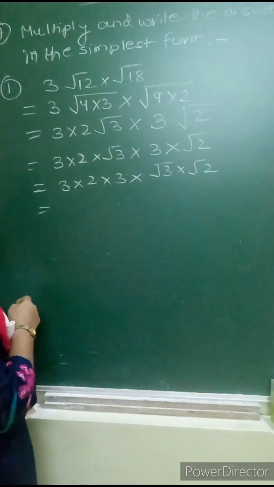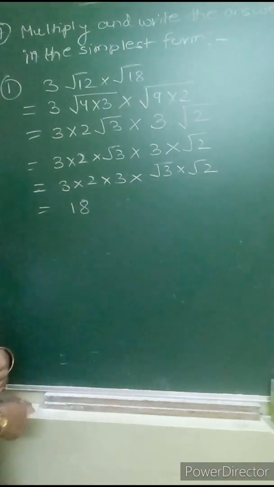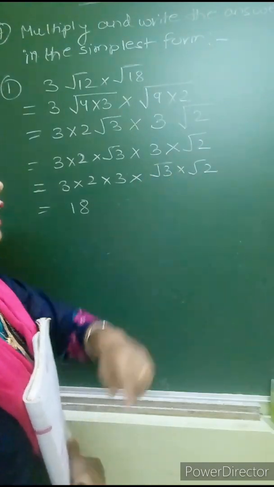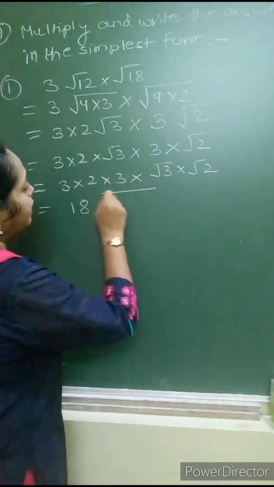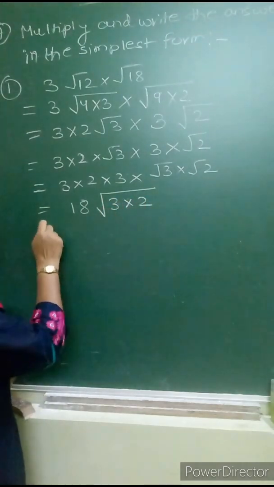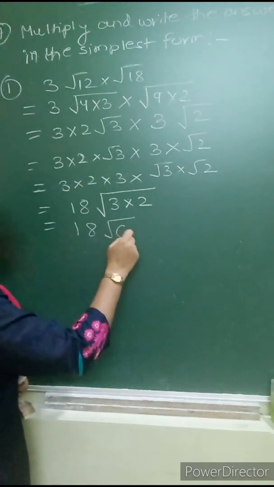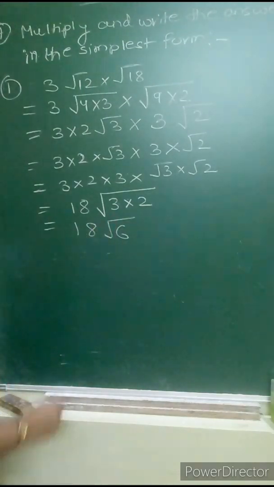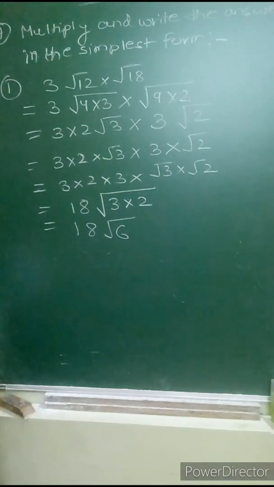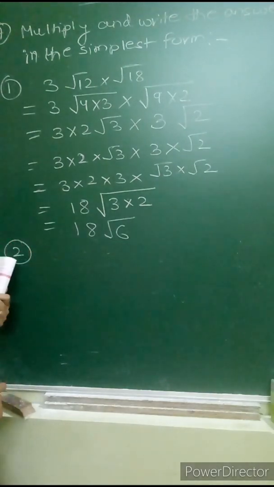So 3 2s are 6 and 6 3s are 18, and now these two surds, which do not have the same radicand but the orders are the same, can be written inside the same radical sign by multiplying both of them. That is, 3 has to be multiplied by 2. So we have got the final answer as 18 square root of 6. This is the answer of the first sub question. In this way we have to do the multiplication of the given surds.